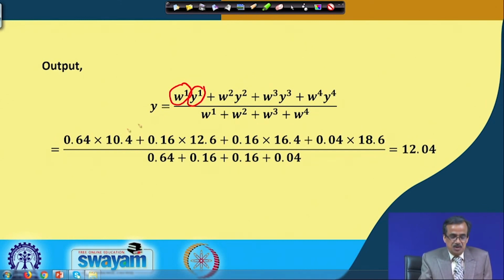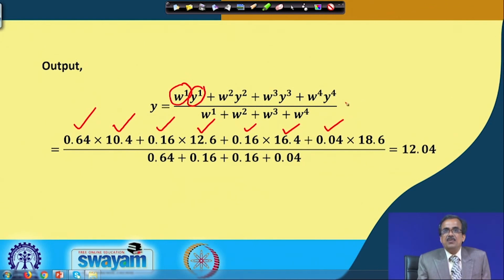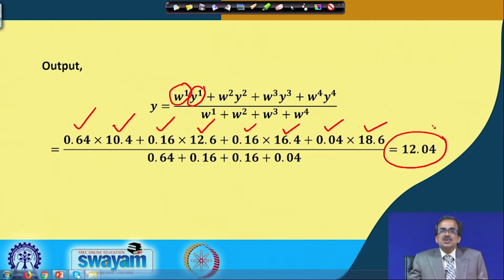If you substitute all the numerical values, in place of W 1 I put 0.64 and y 1 is 10.4, then W 2 is 0.16 and y 2 is 12.6, then W 3 is 0.16 and y 3 is 16.4, then W 4 is 0.04 and y 4 is 18.6, divided by the sum of all W values, I will find the output, that is 12.04.